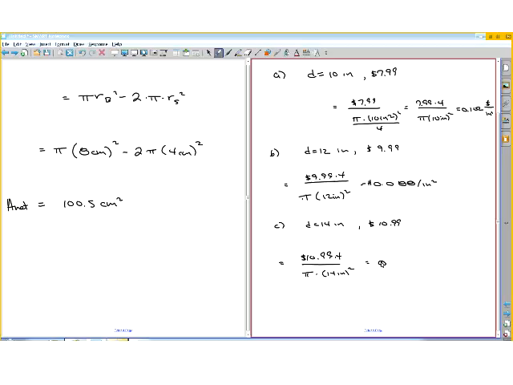And so I get 0.071 dollars per inch squared. So this is like 10 cents per inch squared, this is about 9 cents, and this is 7. So you can see that definitely the best choice is the 14-inch pizza.